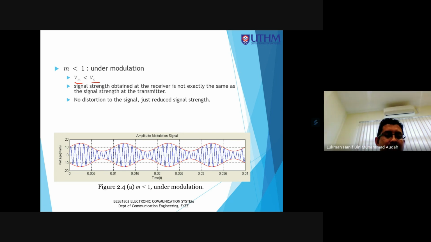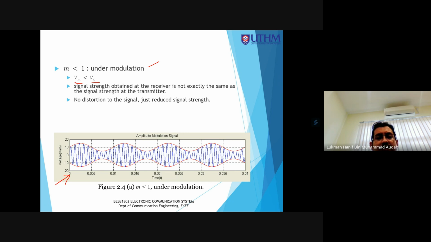The graph looks like this. Most of the time it is under the category of under modulation, so this is a normal scenario, and you can draw the graph like this.